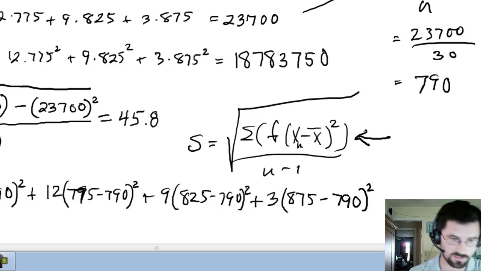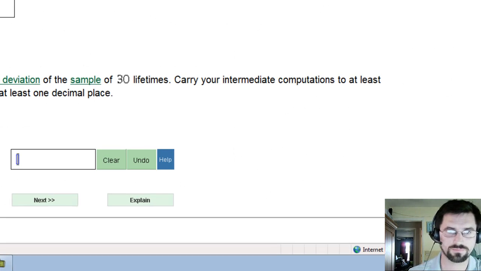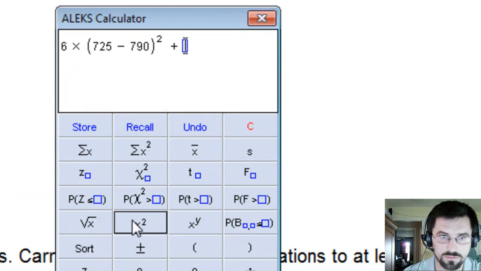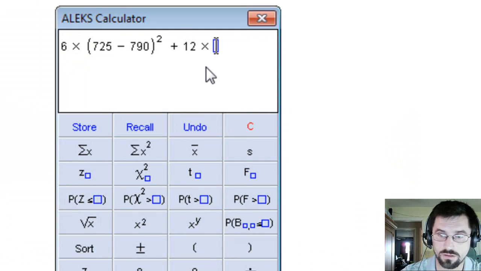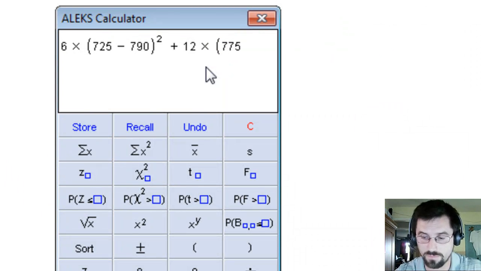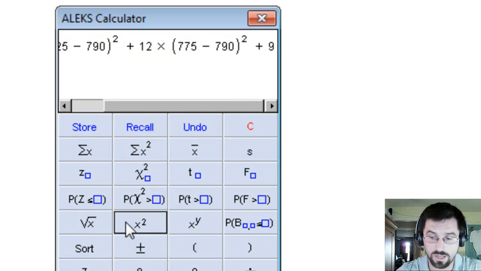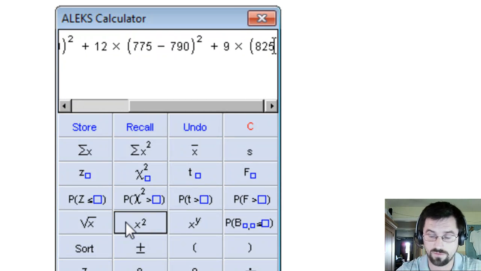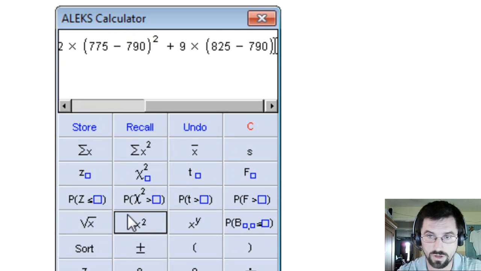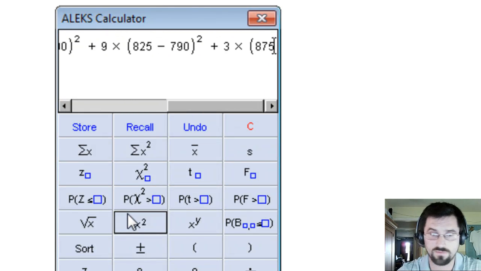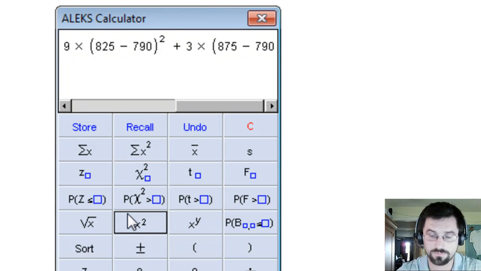I'm going to do that in ALEX. Let's do the calculator: 6 times 725 minus 790 squared plus 12 times 775 minus 790 squared plus 9 times 825 minus 790 squared plus 3 times 875 minus 790 squared.